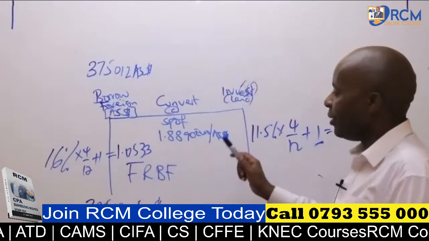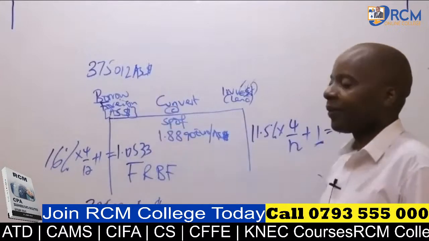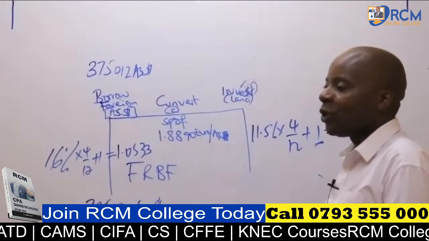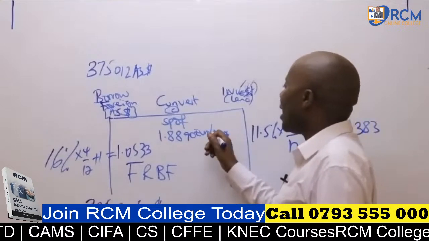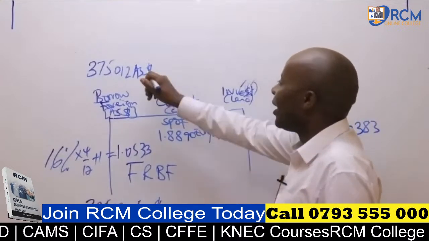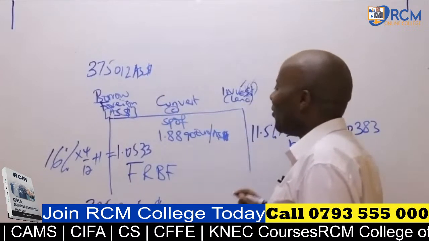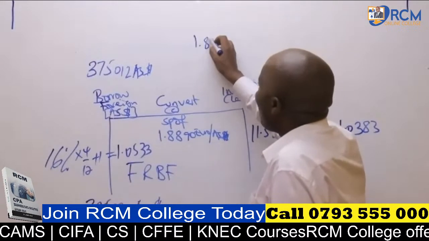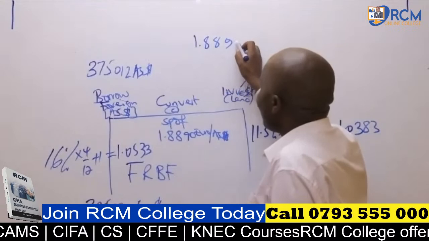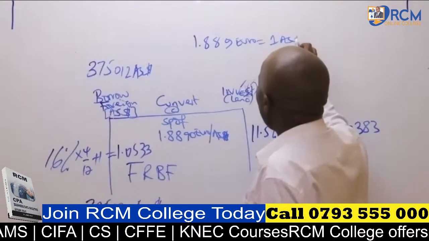And they give us money here. In between here, you have an exchange rate. This one. So I would want to be left with euros alone. If I'm the one doing this, I'll be able to see that I should multiply so that the Australian dollar and Australian dollar cancel out, so that I'll be left with the euros. Or I can come and do it in the mother tongue way, where I'll talk of 1.889 euro equals 1 Australian dollar.